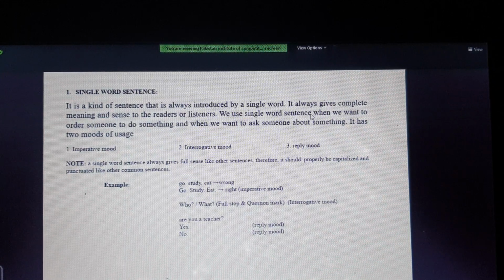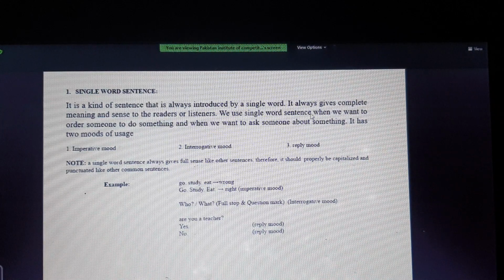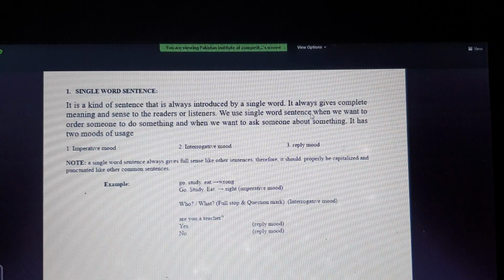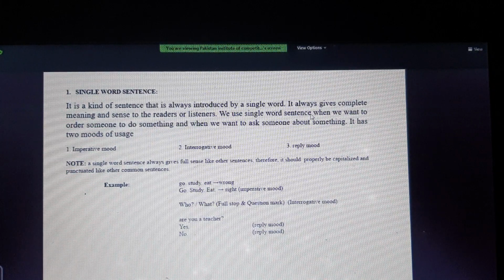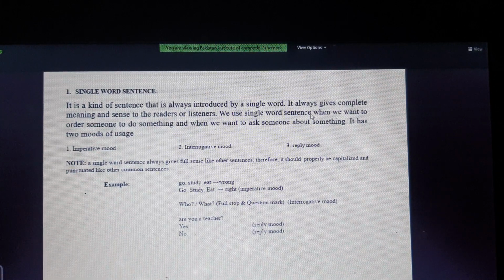Because I told you before that for different situations we have different sentences. अगर single word sentence की situation बनती है then go for it. अगर single word sentence की situation नहीं बनती and you use it, it will be wrong. तो ये गलत होगा. So what are the situations for using single word sentence?